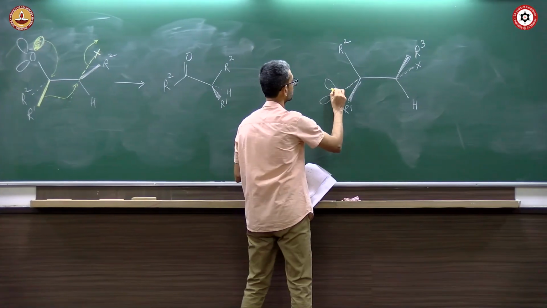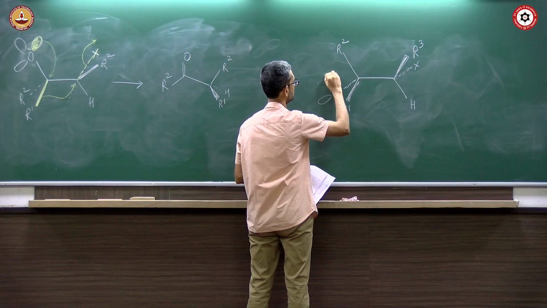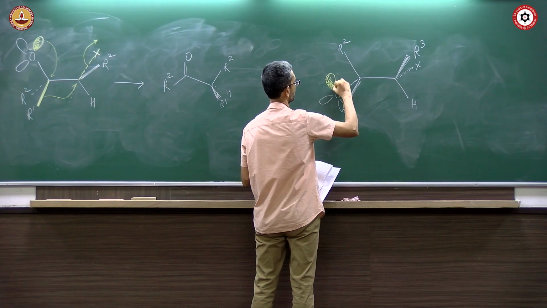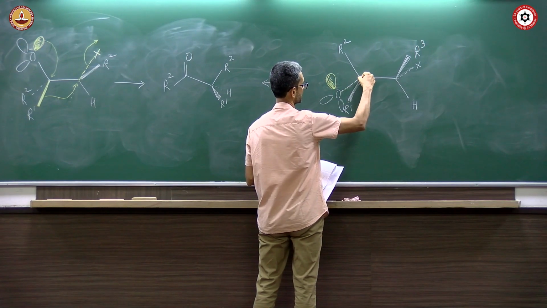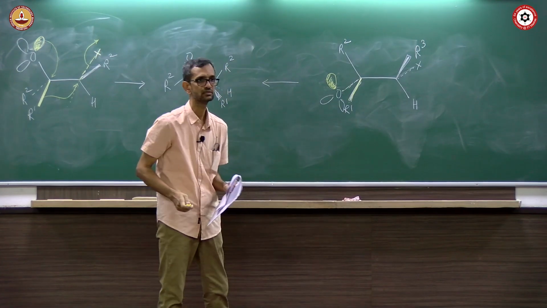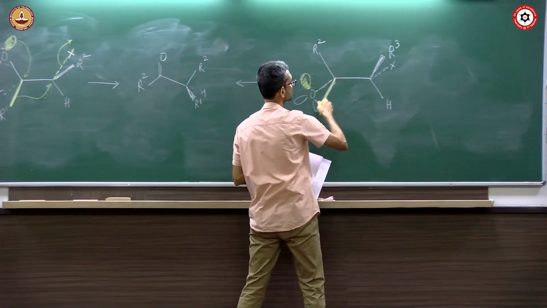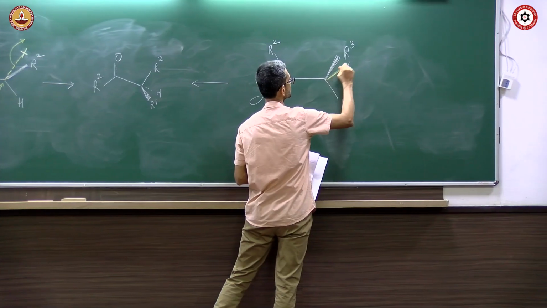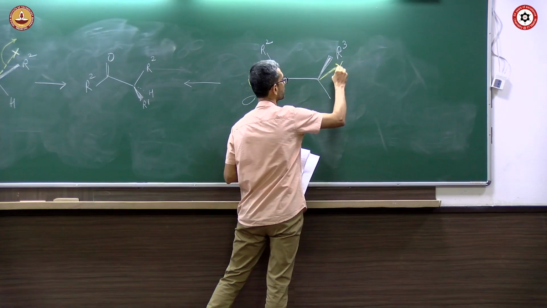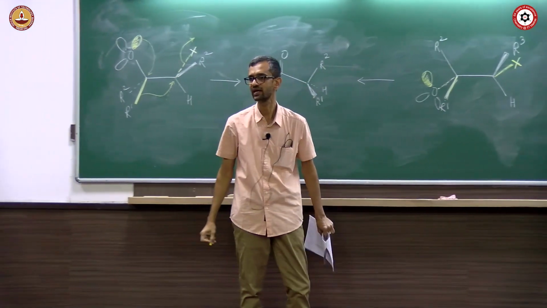So this lone pair is anti-periplanar to this R1, and now this R1 is anti-periplanar to this C-X, right?